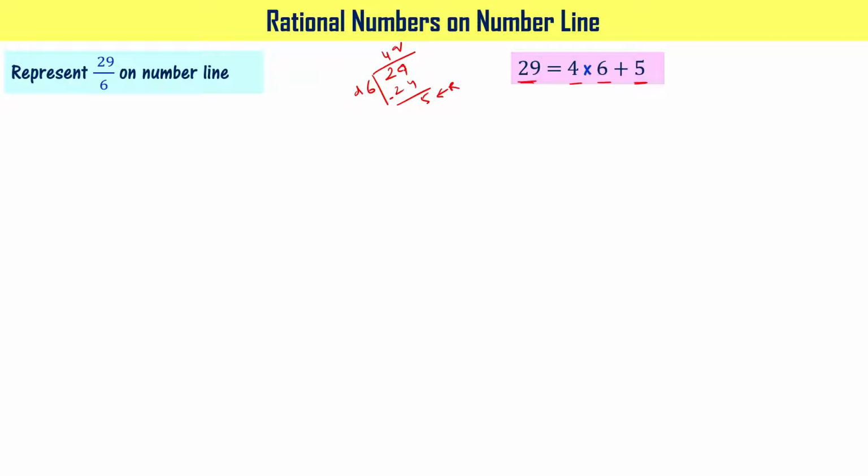In other words, we can express this 29 by 6, which is an improper fraction, as a mixed fraction, right? 29 by 6 is 4 5 by 6. 4 6s are 24 plus 5. 4 times 6 and plus 5, right? 29 by 6 can be written as 4 5 by 6.